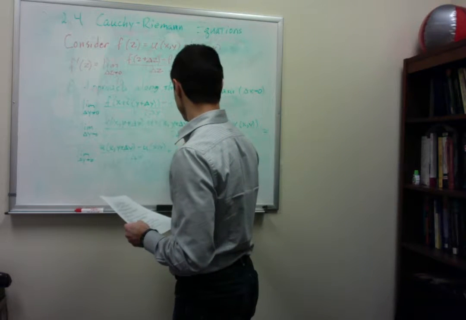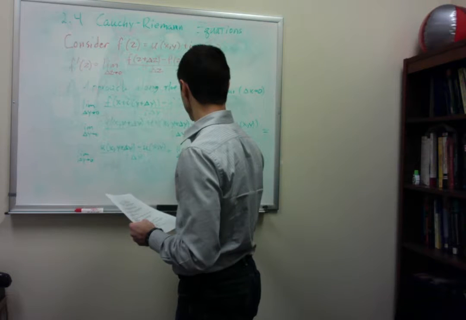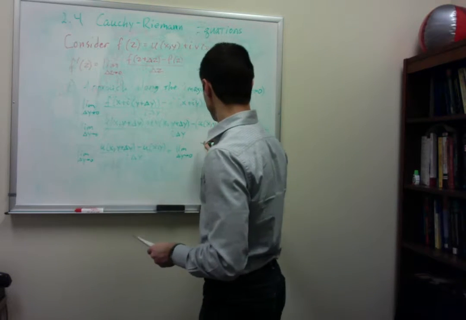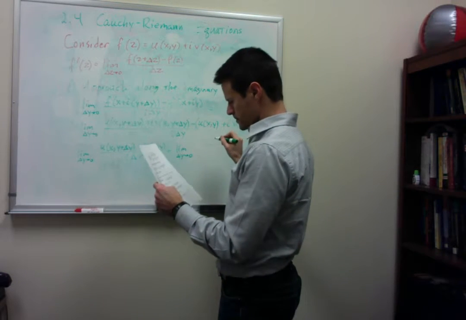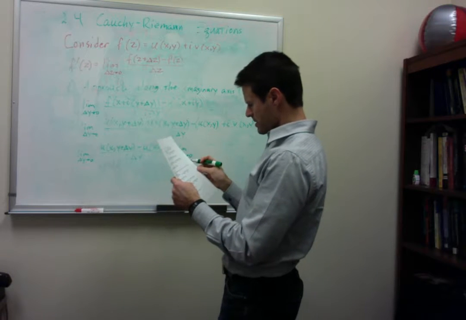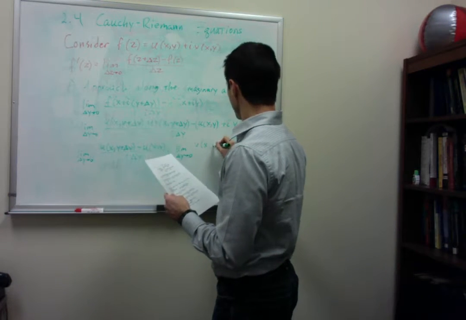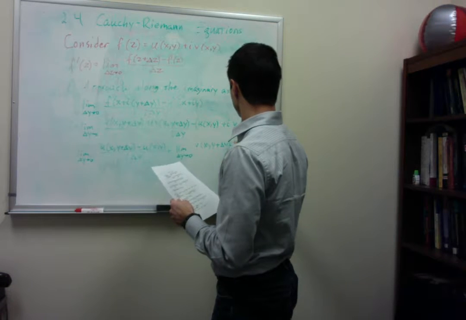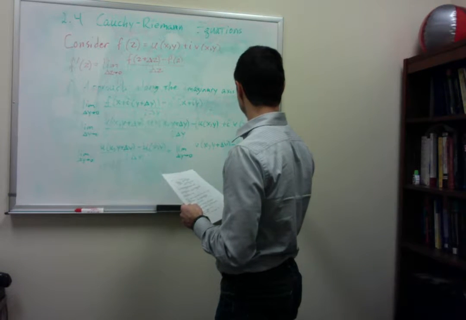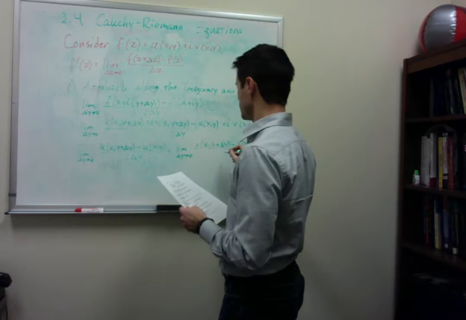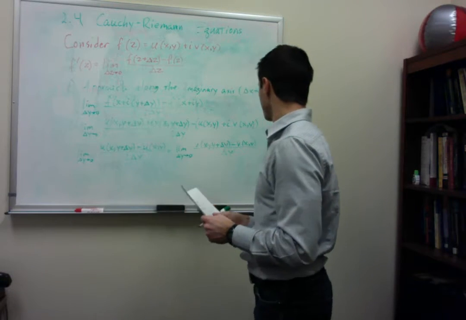And then plus a limit as delta y goes to 0 of, so let's see, there's going to be a canceling of i, so we have v of x, y plus delta y minus v of x, y. Okay. That's all divided by delta y.